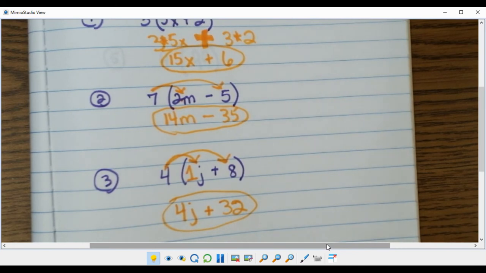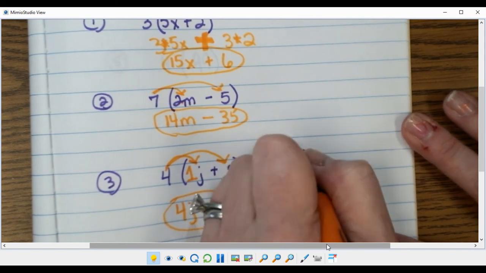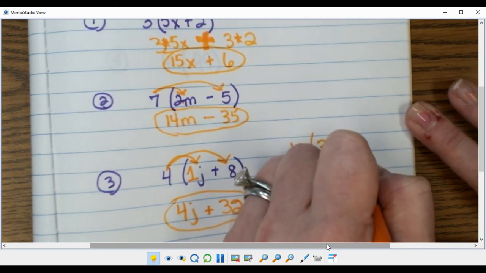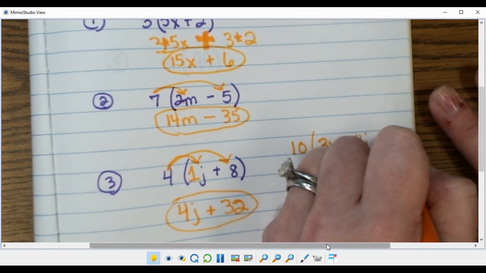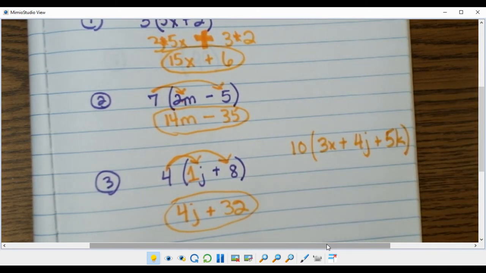Now, you might have a situation where you've got more than 2 pieces. Let's say that we've got 10 times 3x plus 4y plus 5k. Can you tell I totally made those numbers up off the top of my head? I did. That 10 is going to get multiplied by each piece inside. Our original problems only had 2 pieces, so we multiplied twice.